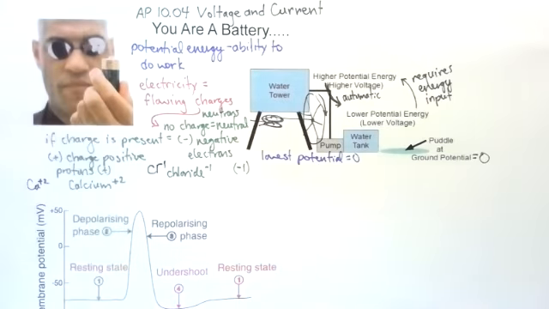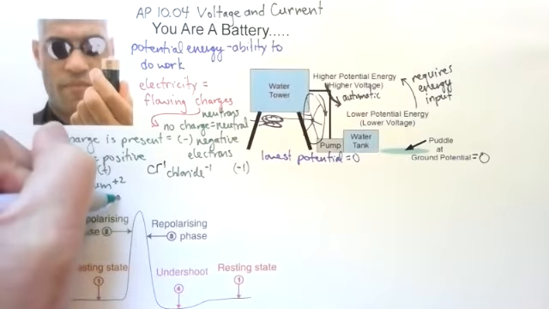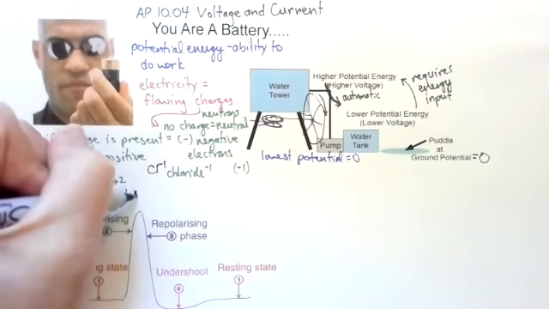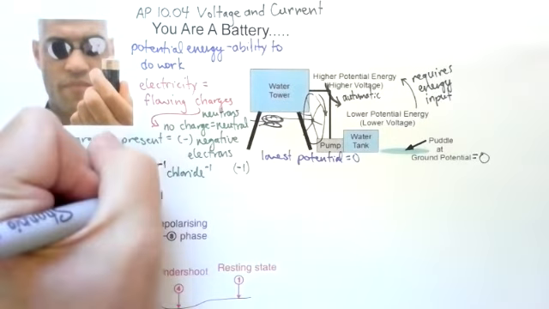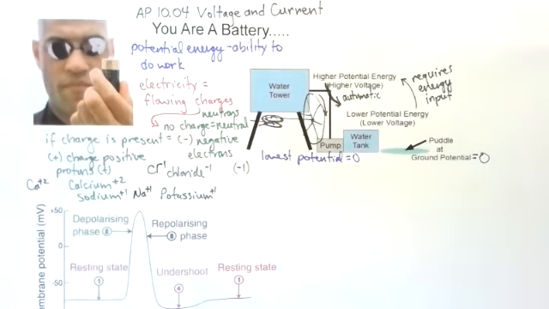Chloride is going to be Cl -1. And the ones that are super duper important in nerve impulse conduction, the two, are sodium, which is +1, so we write that as Na +1, and potassium, which is also +1.